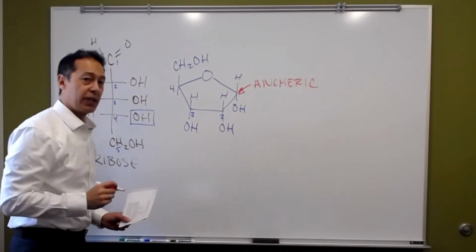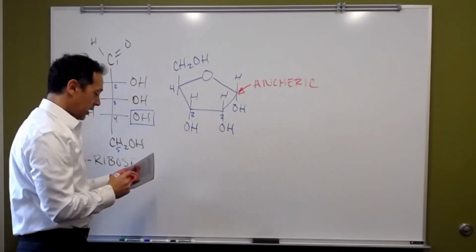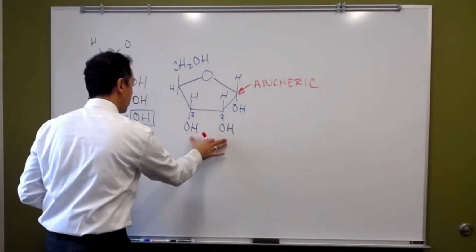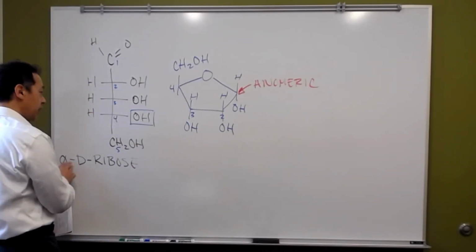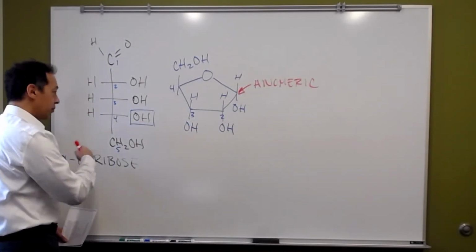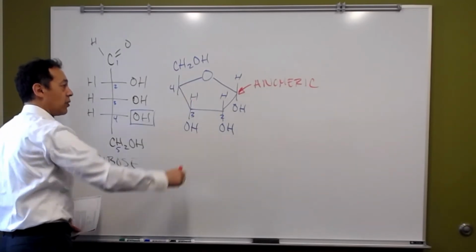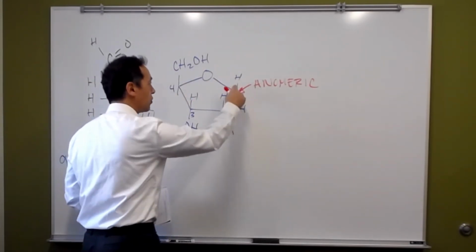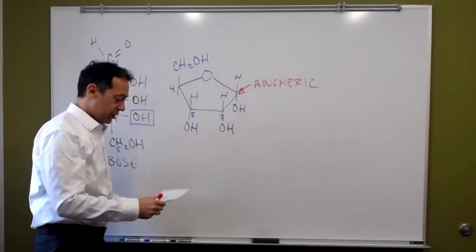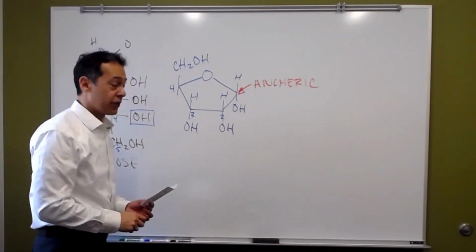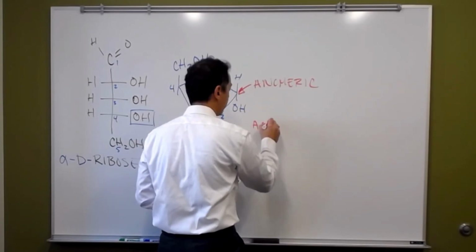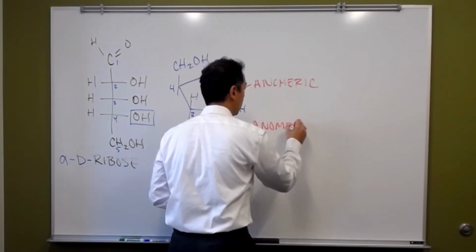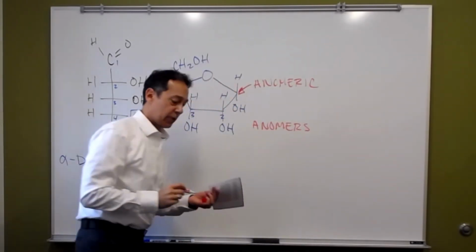If we have two of these ribose molecules, and one is alpha and the other is beta, so if I were to draw the whole thing and put the hydroxyl group up here, then we would say that these are anomers of each other.